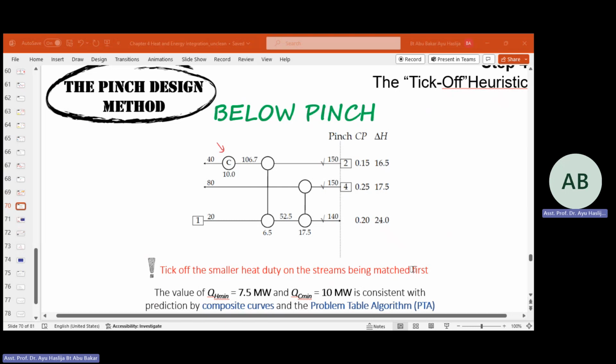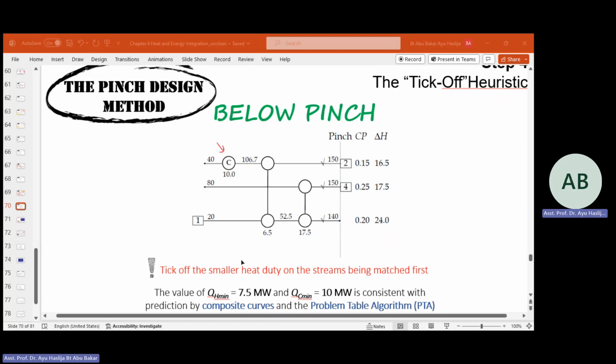The note over there: the CP inequalities given by the equations. This equation is the requirement. CPH larger than CPC for below pinch, CPH smaller than CPC for above pinch.